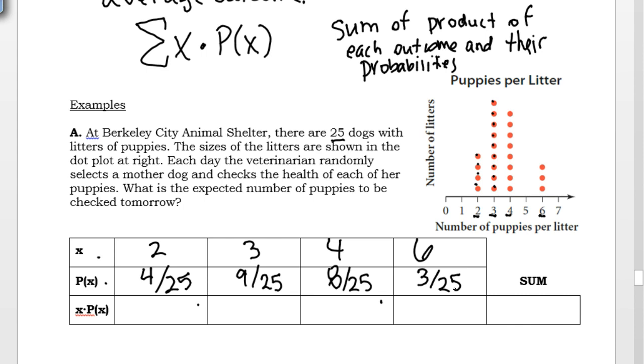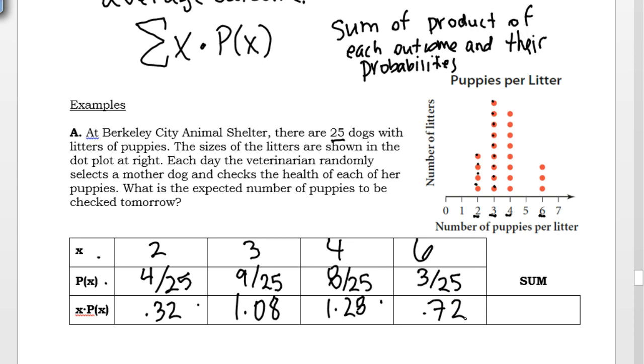And if we do 2 times 4 divided by 25, we get 0.32. And 3 times 9 divided by 25, we get 1.08. And 4 times 8 divided by 25, 1.28. And 6 times 3 over 25, 0.72.